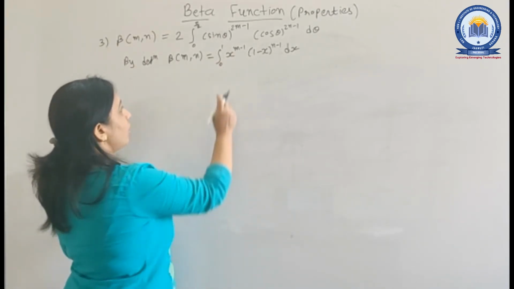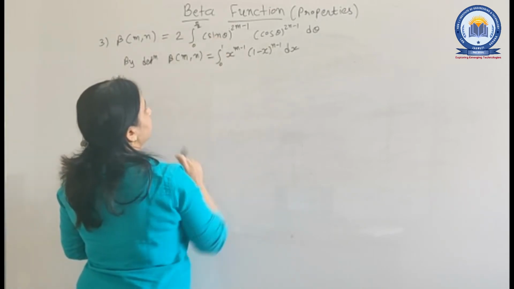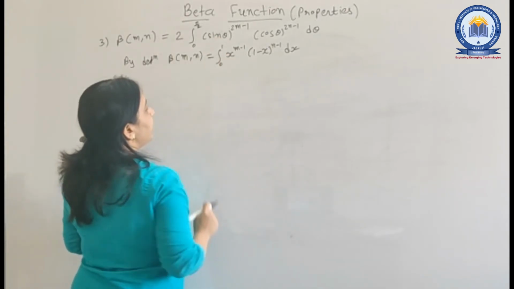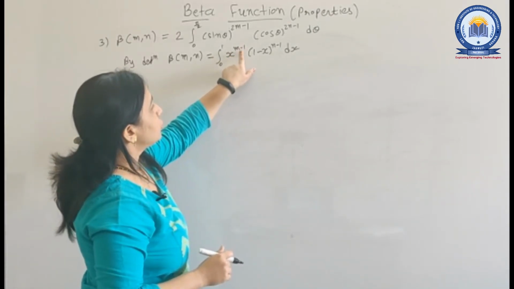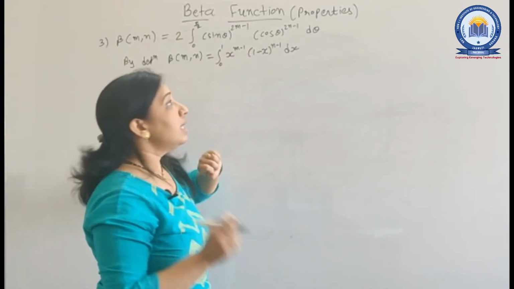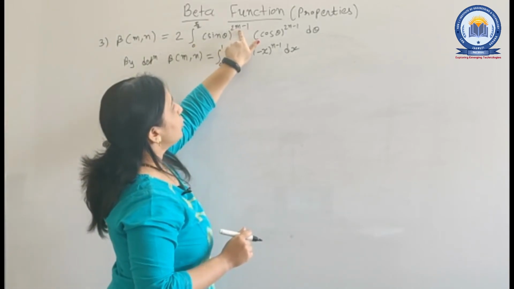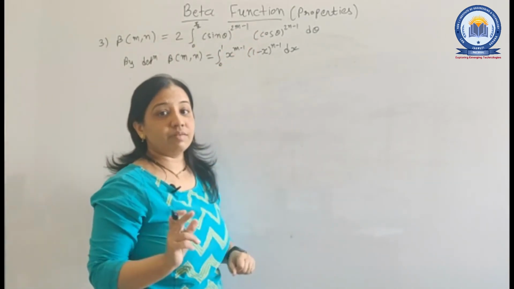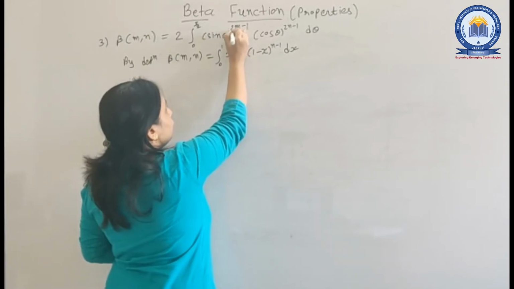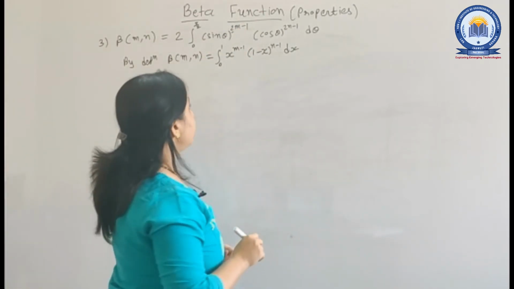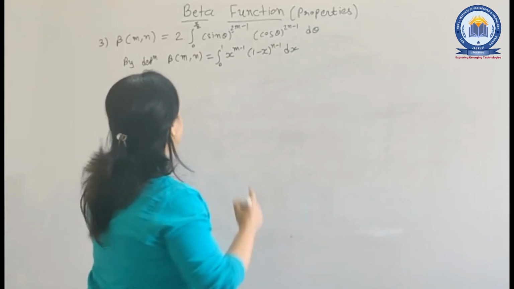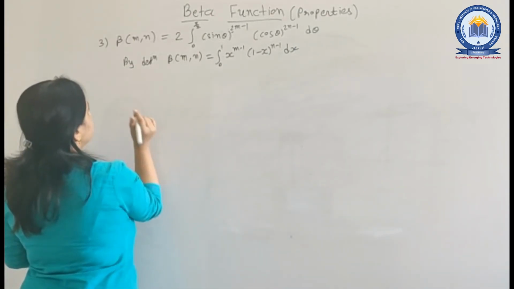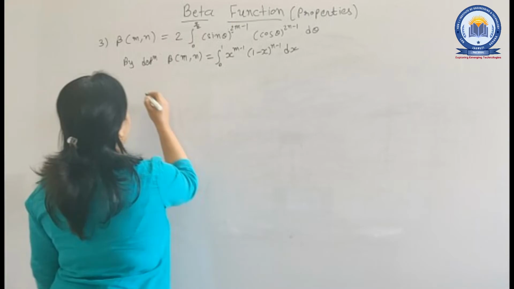So here we want sin theta. So if you replace x with sin theta, it will become sin theta raised to m minus 1. But in that you want 2m minus 1. That means with m you require 2. So we will replace x with sin square theta. So you are near to your answer, right?